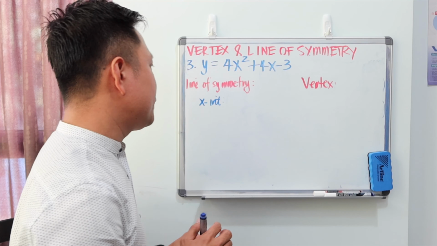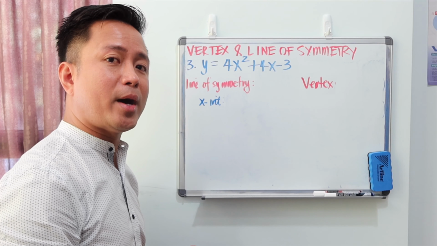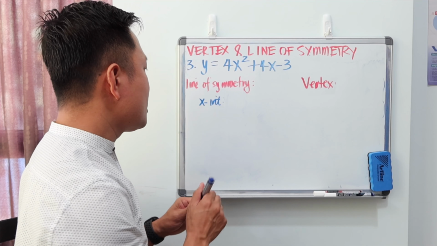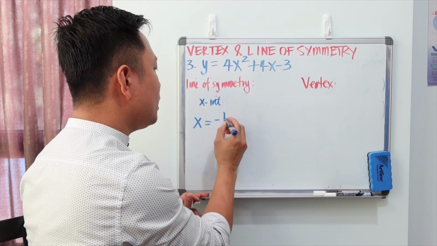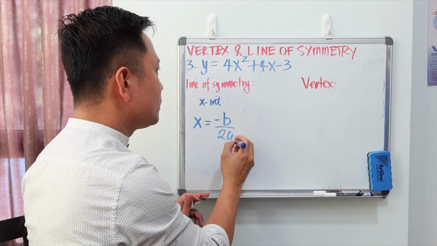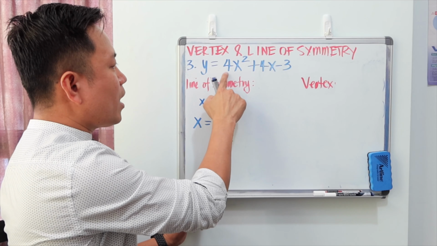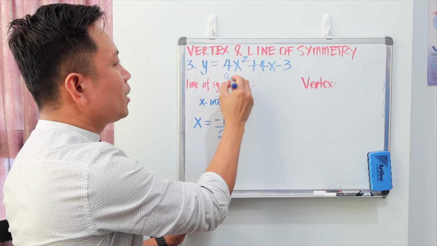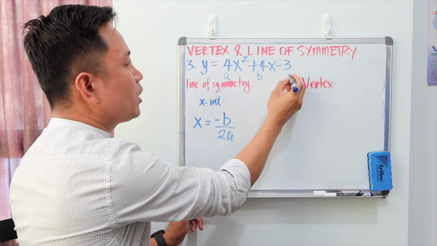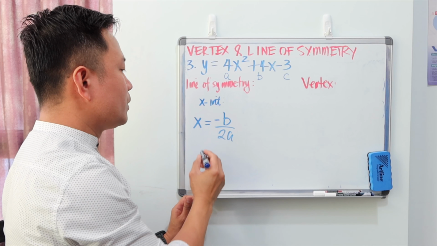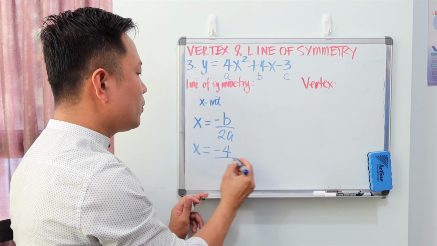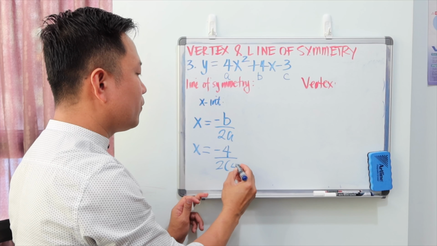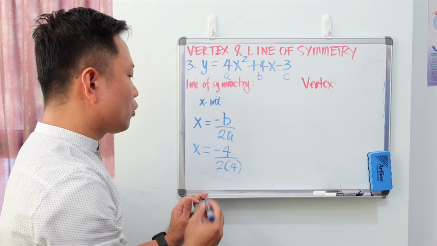If it is in standard form, the easiest way to find the line of symmetry is by using the part of the quadratic formula, negative b over 2a. So in this quadratic function, your a is positive 4, your b is positive 4, and your c is negative 3. So substituting the b value, we have negative of 4, over 2 times your a, which is 4, which is negative 4 over 8.